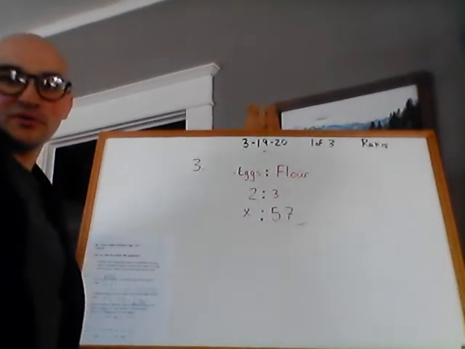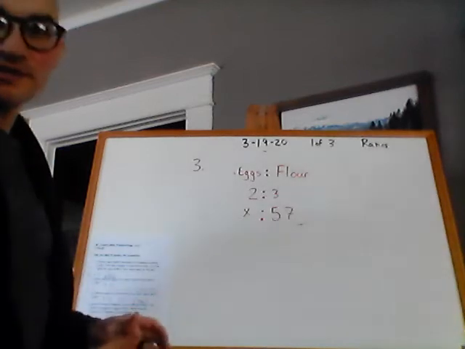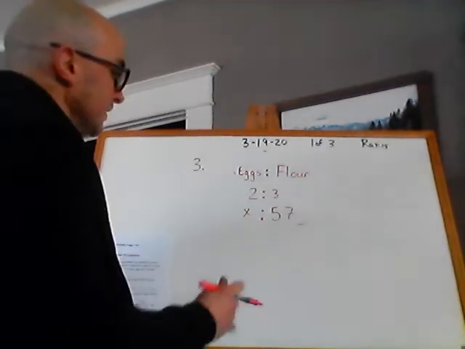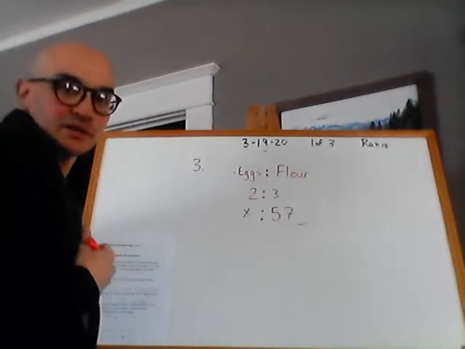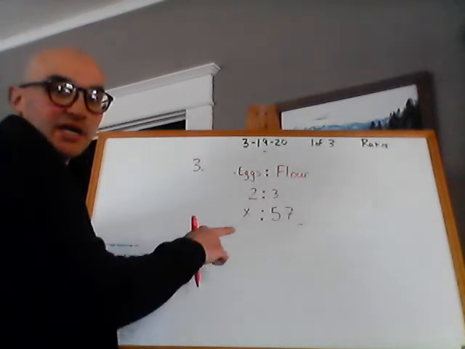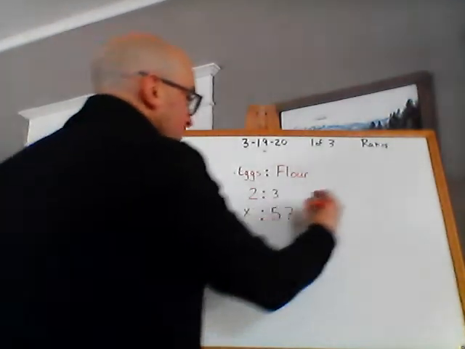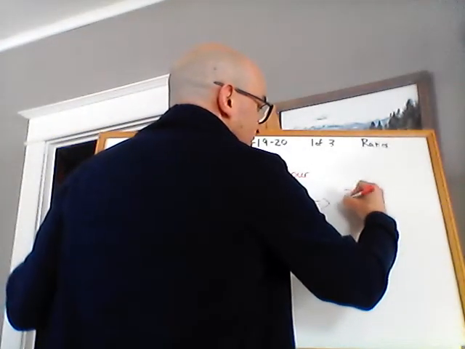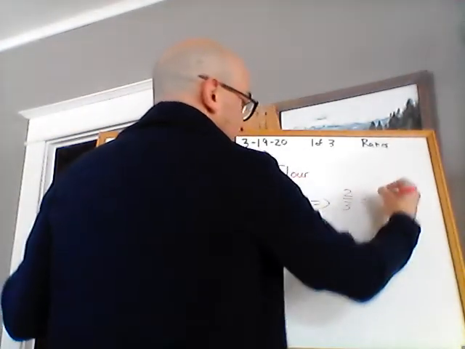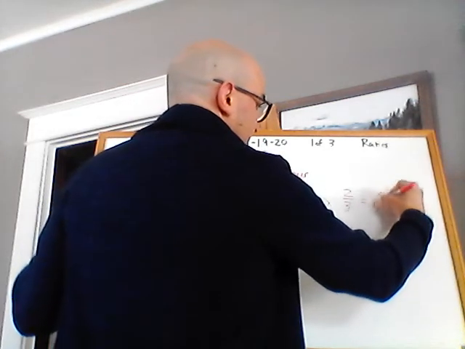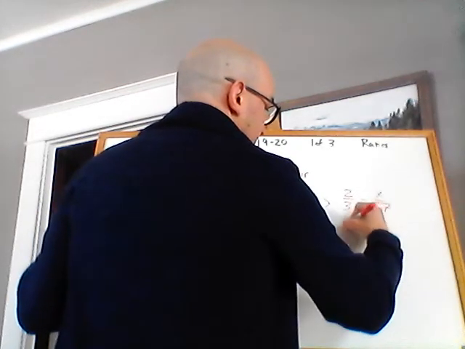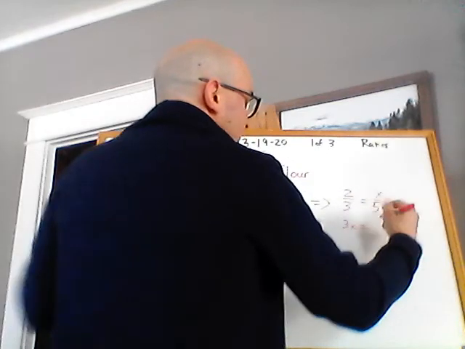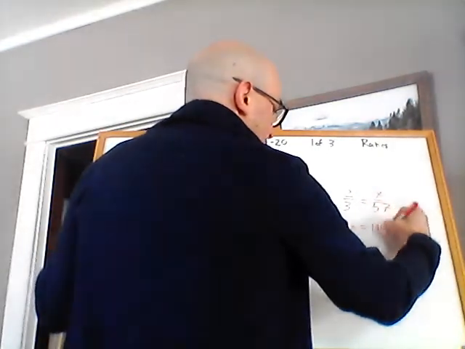So problem number 3, same ratio, 2 to 3 eggs to flour. It tells us that there are 57 cups of flour, asking us to find out how many eggs, so we use x to represent that unknown. And the problem should be set up just like 1 and 2. 2/3 equals x over 57. 3x on this side. 2 times 57 is 114.